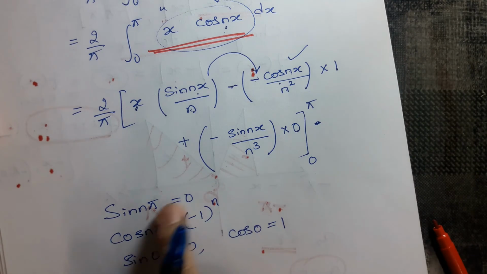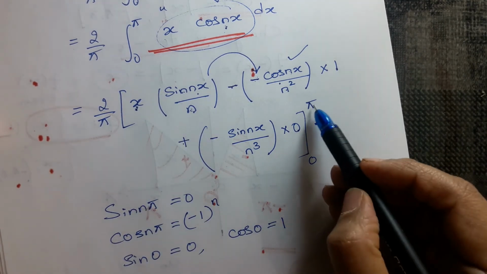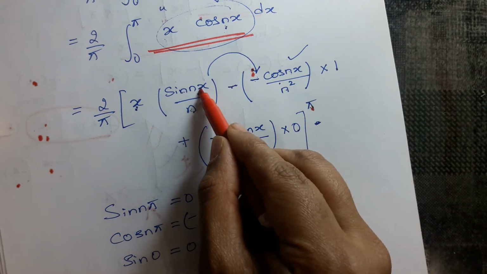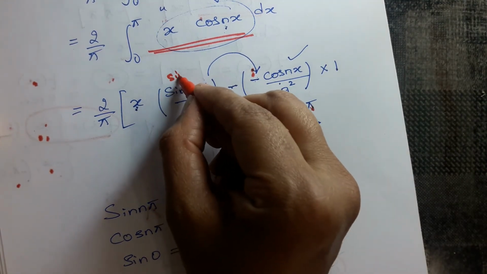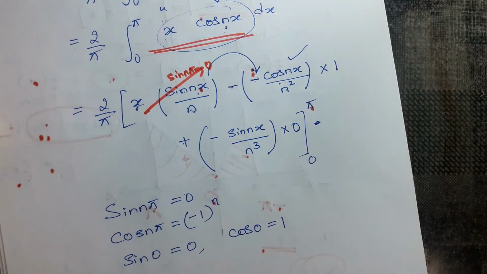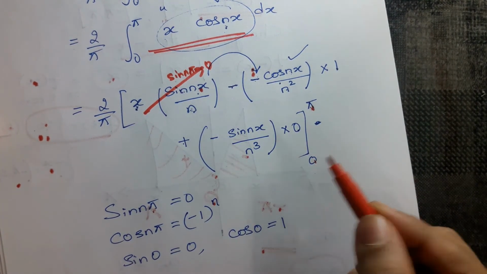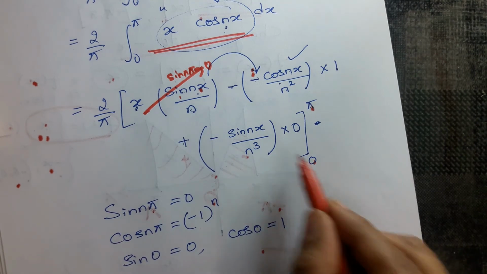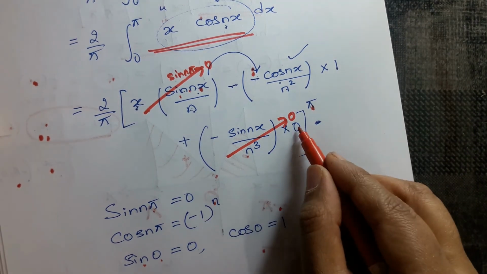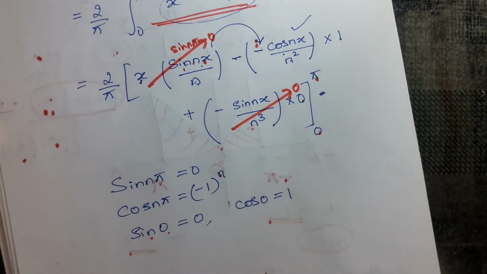If you look at all these values and substitute here, what is upper limit? Upper limit is pi. If you substitute here, you will get sin n pi. Correct? Sin n pi is what? 0. So this term becomes 0. Lower limit 0, if you substitute here, sin 0 is 0. So this term vanishes. And anyway, this is 0 because 0 multiplied by any number is 0.